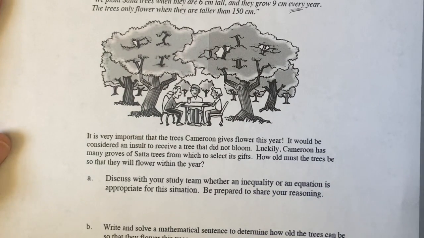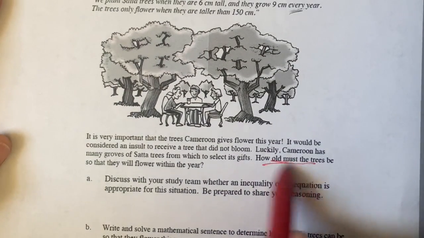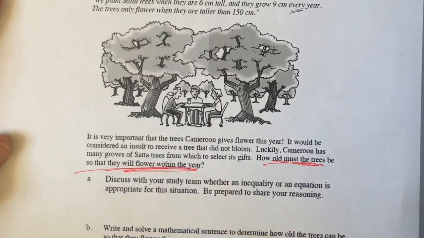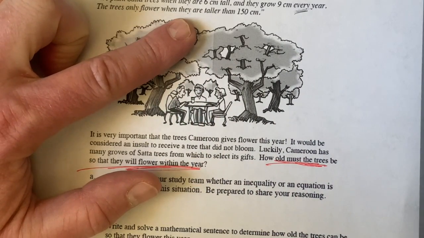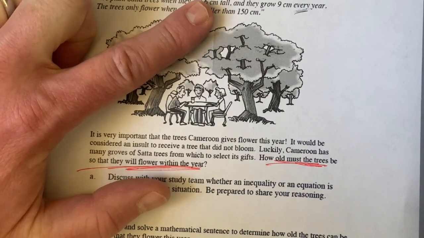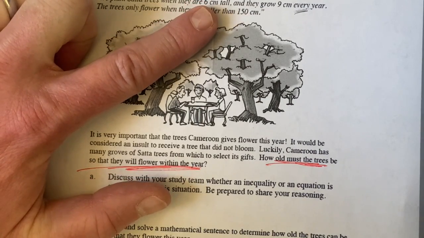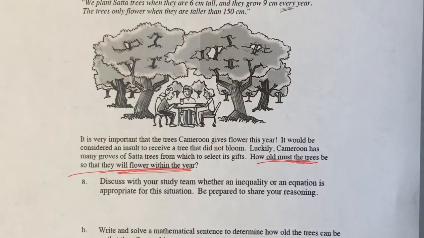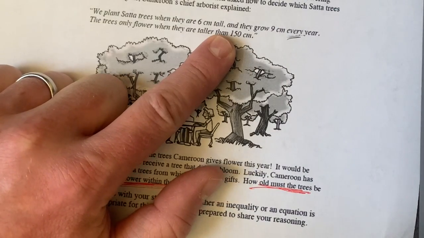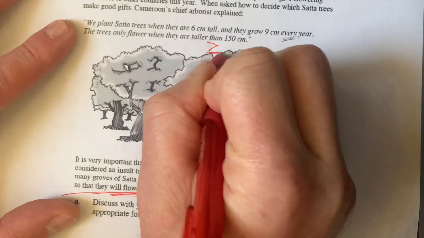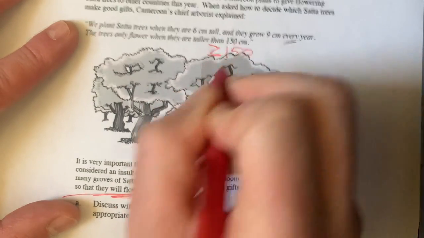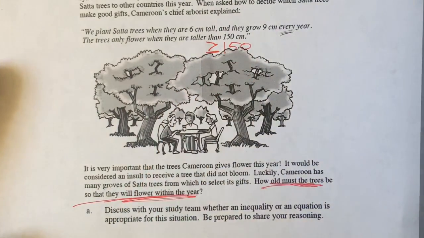So the goal is how old those trees got to be so that they flower within the year. Well, when do they flower? They flower when they're taller than 150 centimeters. They can't be really young because they're only 6 centimeters when they're planted, and then they grow 9 centimeters every year. So let's think here. What kind of trees would be acceptable? Well, they have to be 150 centimeters tall, right? Oh, wait a second. They'd have to be at least, so greater than or equal to 150 centimeters tall. So I'm thinking inequalities here.